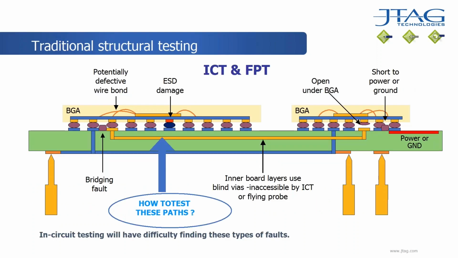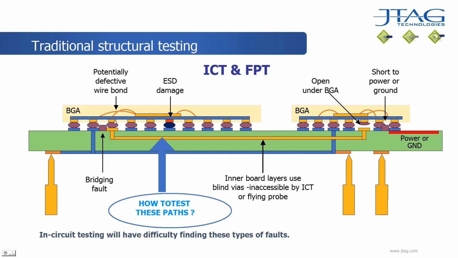If we look at a cross section of a circuit board, please forgive the rudimentary nature of this diagram, but it illustrates a point. In traditional testing we had these nails, these orangey yellow symbols here. With those nails, you could probe test pads or vias, and you could use that access to test interconnections between devices.